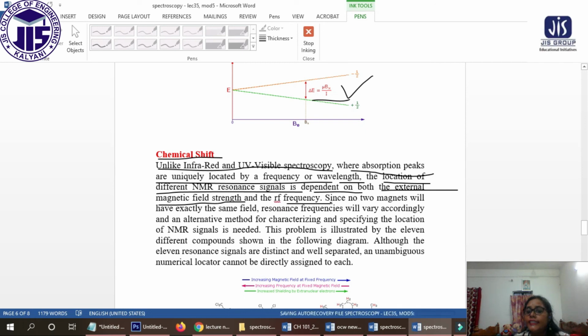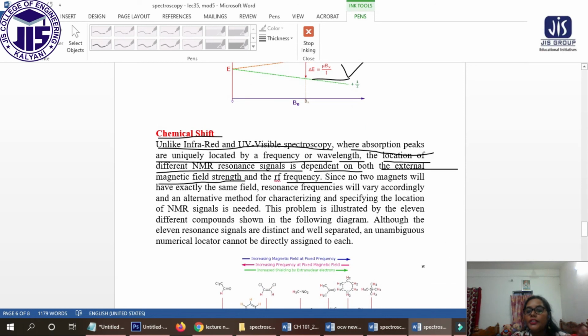Since no two magnets will have exactly the same field, resonance frequencies will vary accordingly, and an alternative method for characterizing and specifying the location of NMR signals is needed. This problem is illustrated by 11 different compounds.